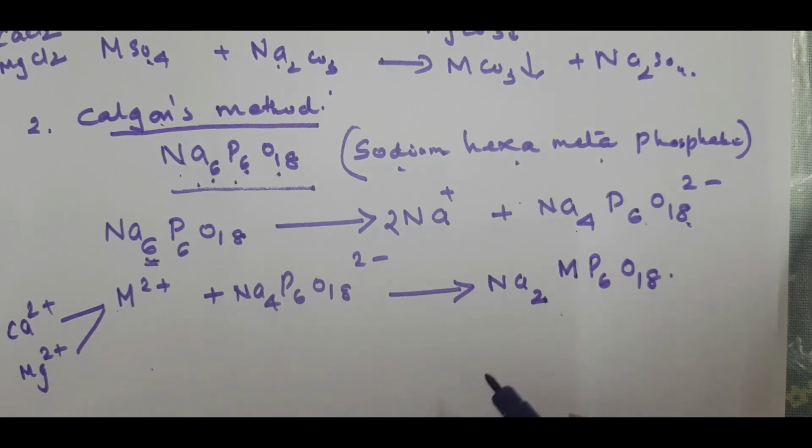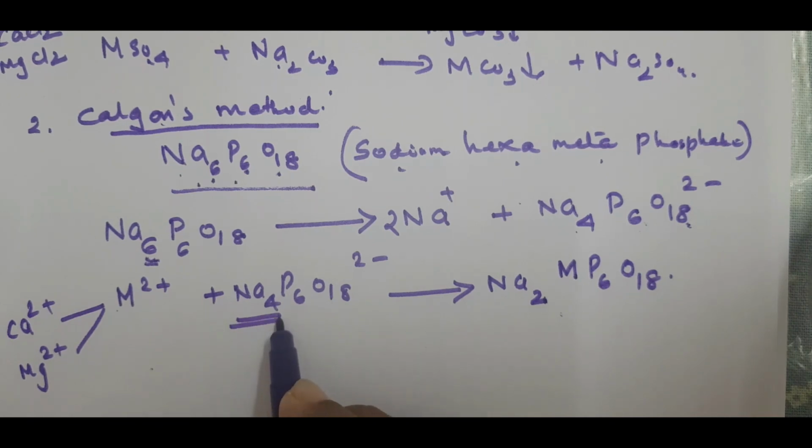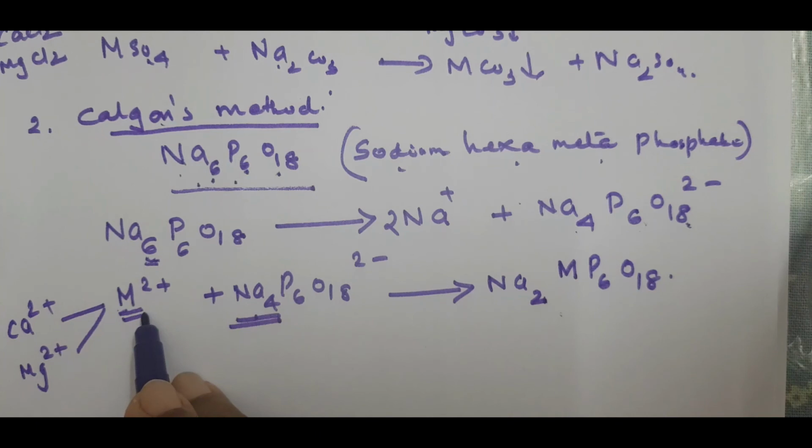How will it form? It will form Na2 because this is Na4, right? So, 2 Na are replaced by 1 metal atom, that is calcium or magnesium, since the valency is 2.